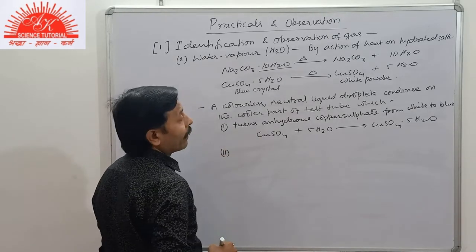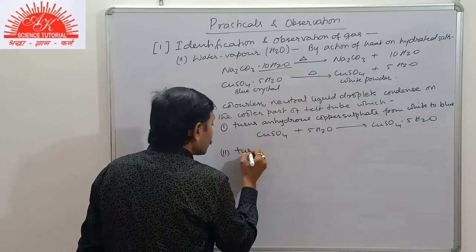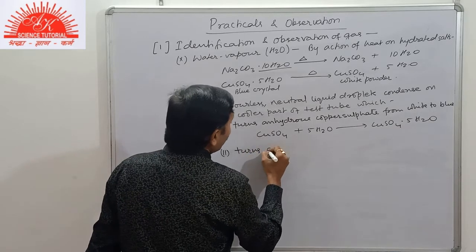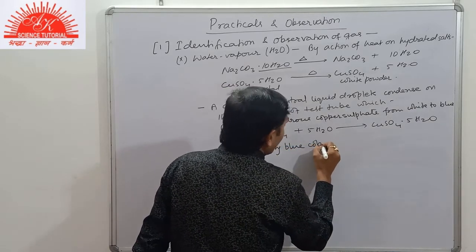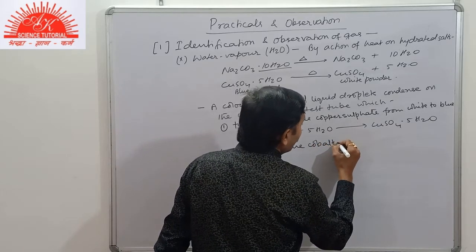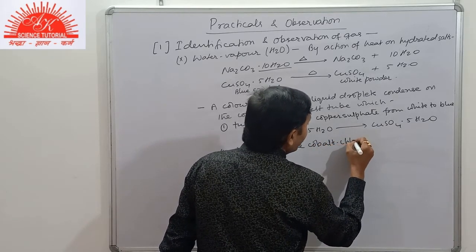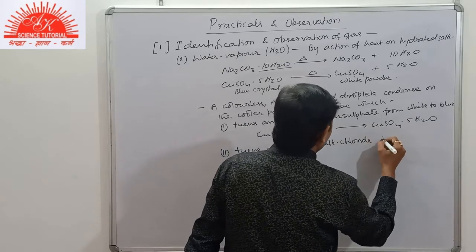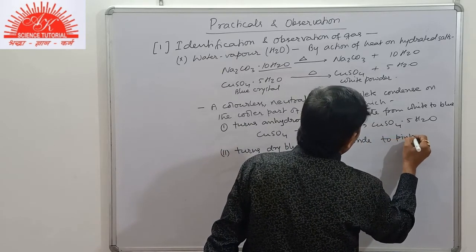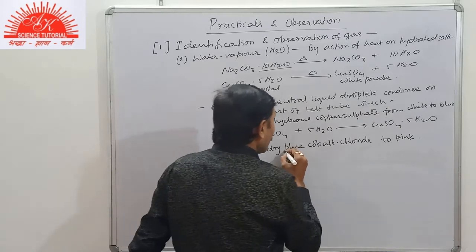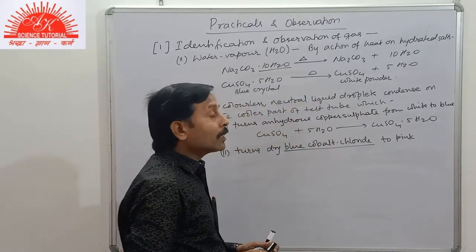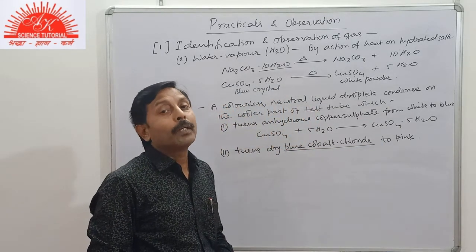Second, turns dry blue cobalt chloride paper. Now cobalt chloride paper is, when dry, it is blue to pink. That is, when water is added to it, it will turn pink. So if the blue cobalt chloride paper turns pink, then it will be water.